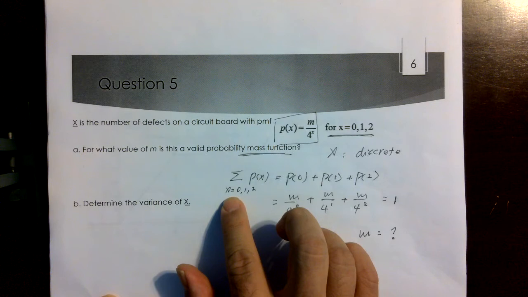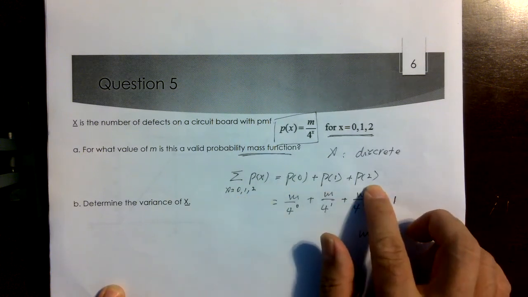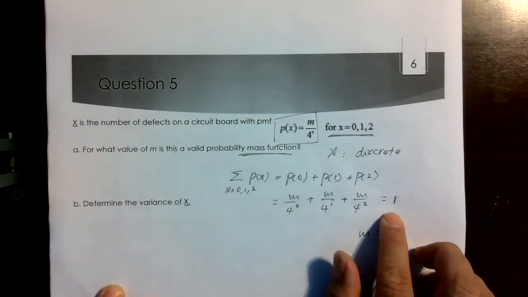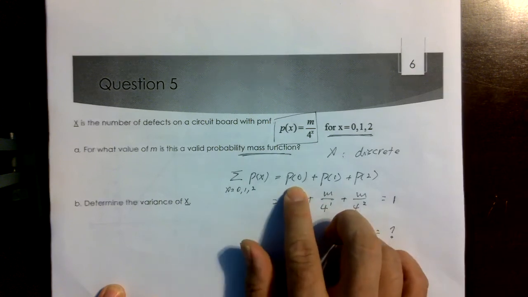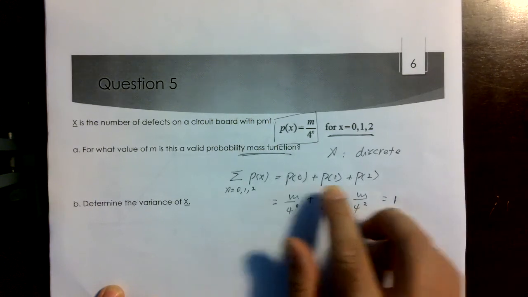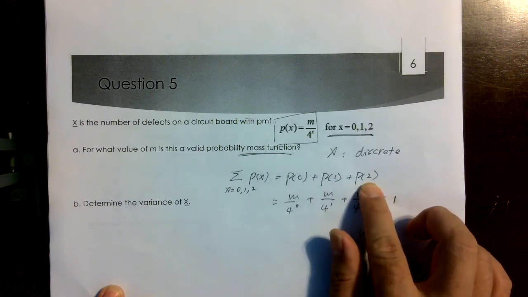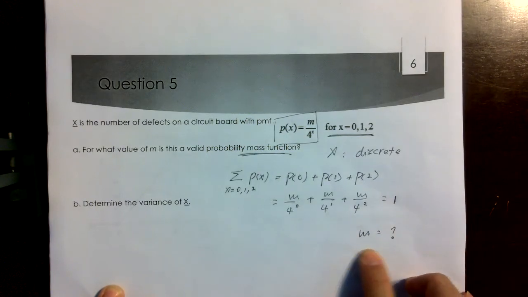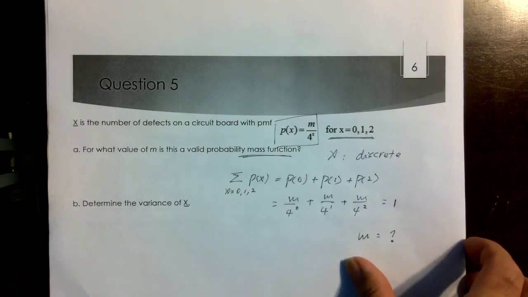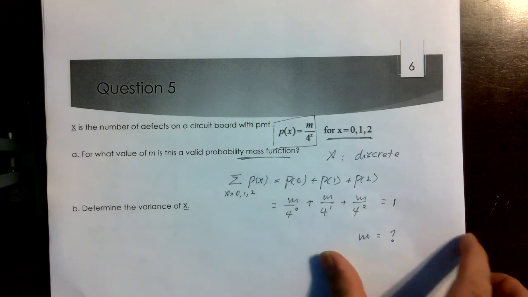For a discrete random variable, the sum of all the probabilities should be equal to 1, so we take summation. You sum probability x equal to 0, probability x equal to 1, and x equal to 2. All those probabilities summed together equal 1, so you can calculate m. All right, so that's how we find this constant for a discrete random variable.